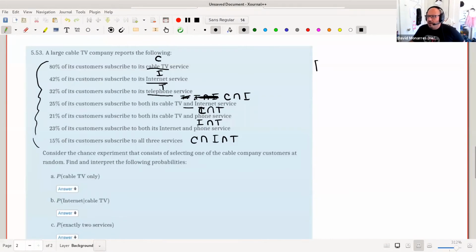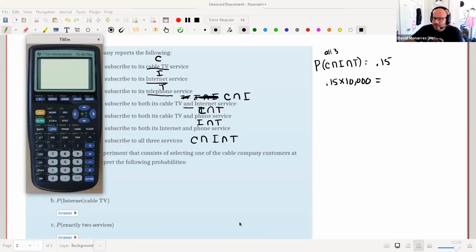So what we have is the probability of cable and internet and telephone, all 3. It says 15%, or 0.15. So what does that mean? That means that 0.15 of the 10,000, if I had 10,000 people, I would expect about 15% of them to use all 3.